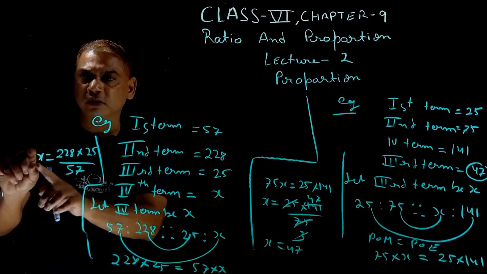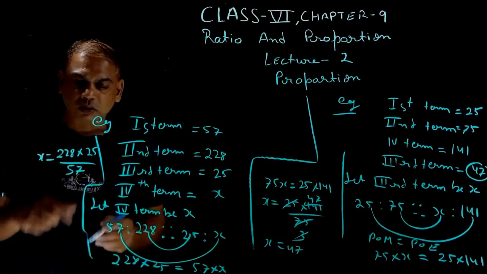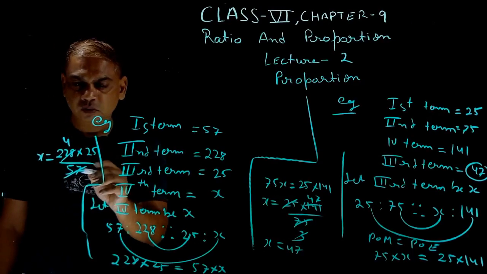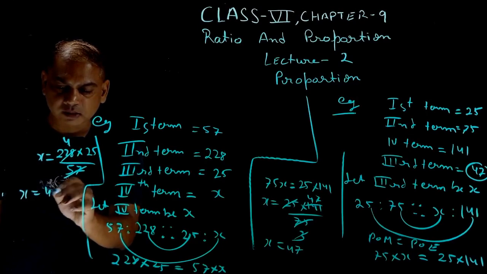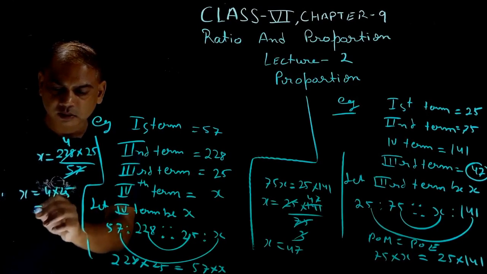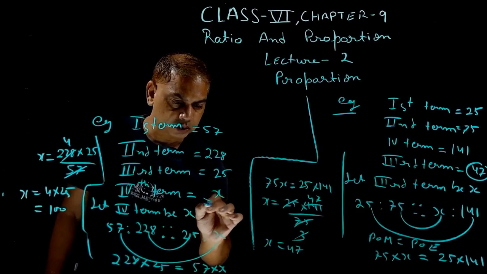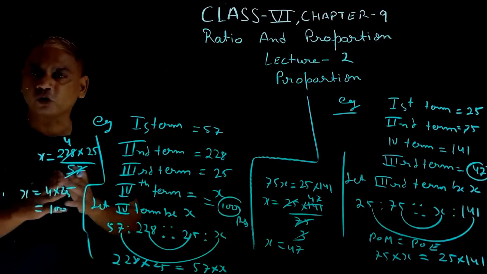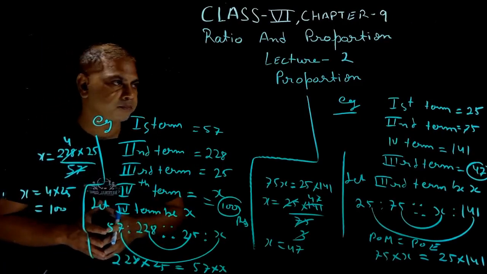We will keep x on one side and rest of the values on the other side. Now solve this question. 57 into 4. So x is equal to 4 into 25, that is 100. So the value of x comes out to be 100. This is your answer, students. Clear hai? This is the fourth proportion, and that's how you will find the fourth proportion.